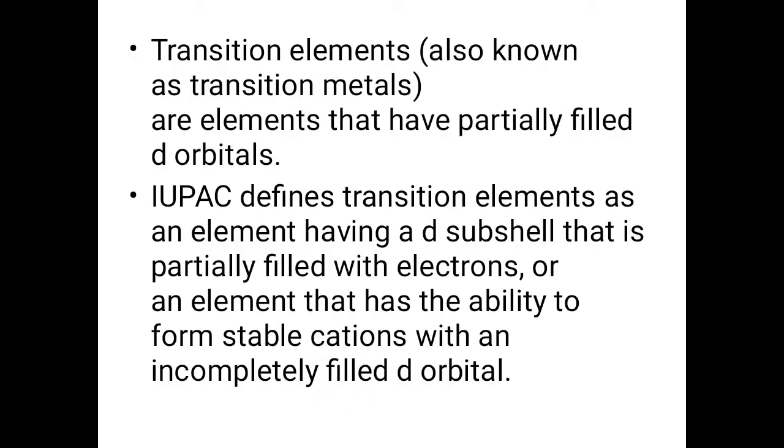They are also called transition metals because of having electrons in d orbitals. The IUPAC defines a transition element as an element having a d subshell that is partially filled with electrons, or an element that has the ability to form stable cations with incompletely filled d orbitals.